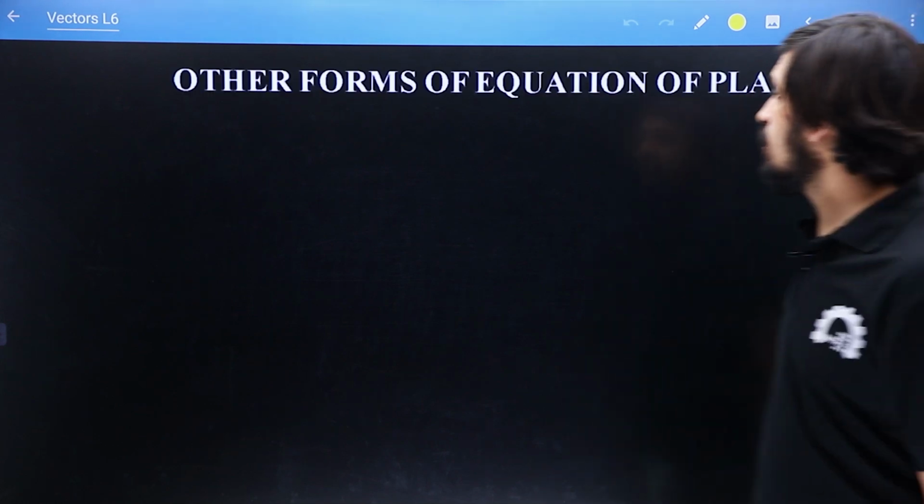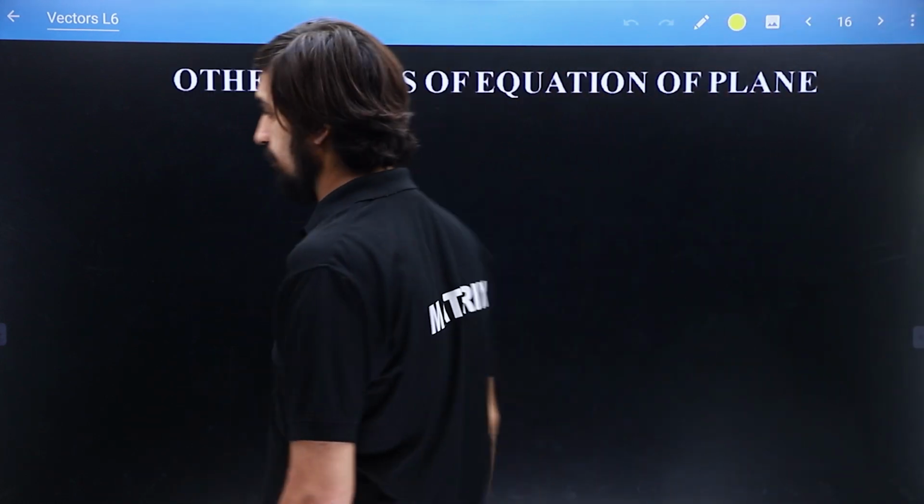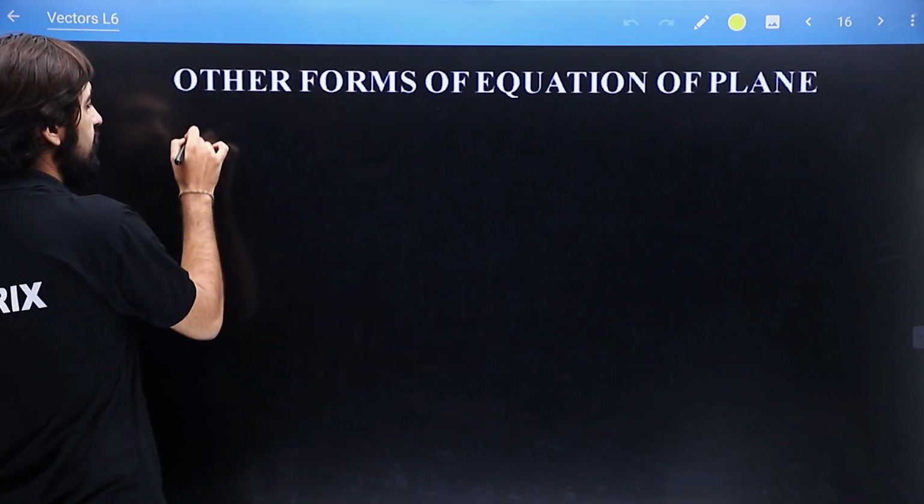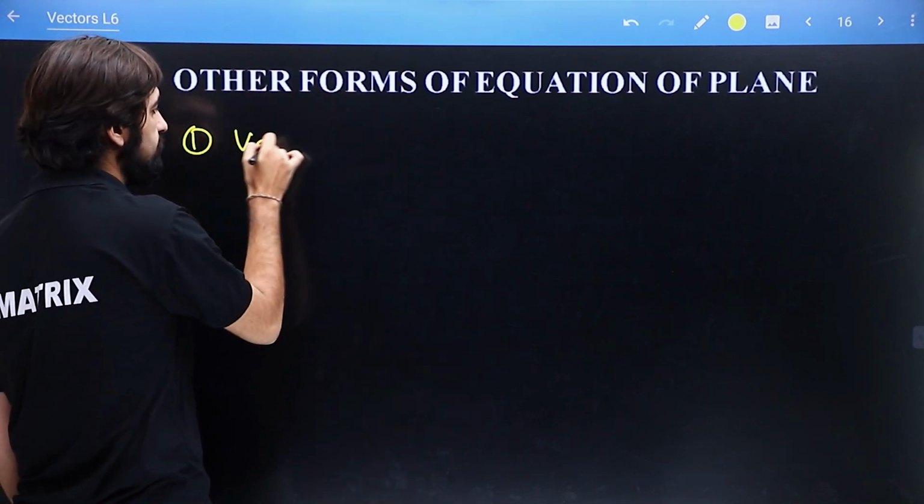Now next is other forms of equations of plane. So what equations have we seen? First, vector form.